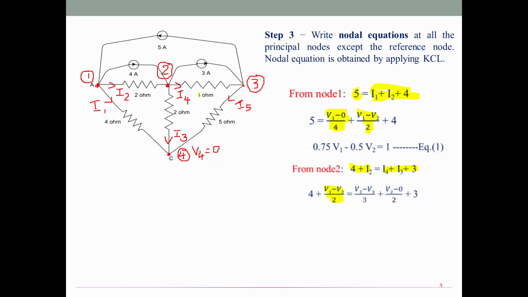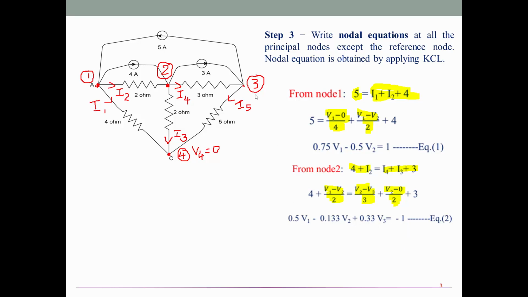Coming to I4, flowing between V2 and V3, so V2 minus V3, on this path I have 3 ohm, hence denominator 3. Coming to I3, flowing from 2 towards 4, so V2 minus 0 divided by 2. Finally, upon simplification, you may get 0.5 V1 minus 0.133 V2 plus 0.33 V3 is equal to minus 1 as equation number 2.